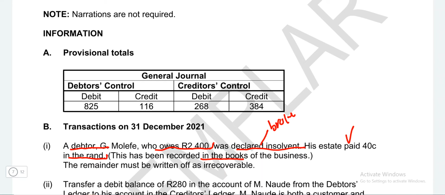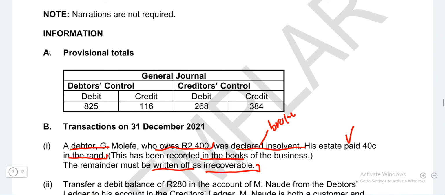But here's what we must try to remember: there must be an instruction that we must try to get from such a transaction. Here they're saying that the remainder must be written off as irrecoverable, meaning that we need to write off this person as someone from whom we will not be able to get the money that he was owing us. Okay, so this is someone whom we are writing off because we are no longer going to get that money from him.